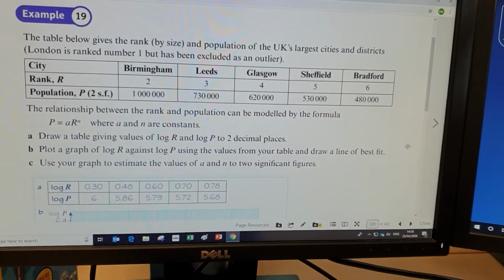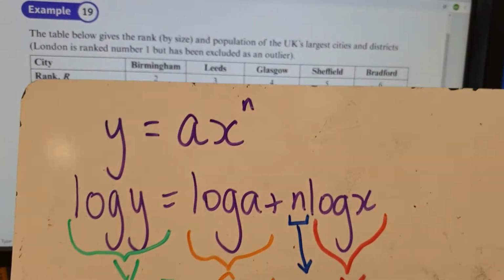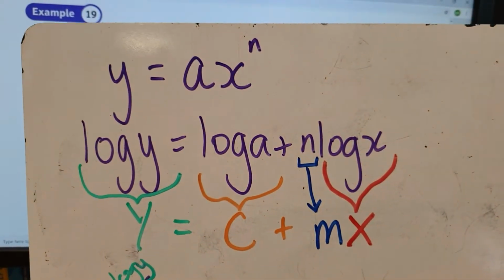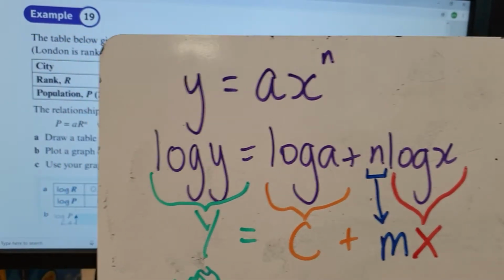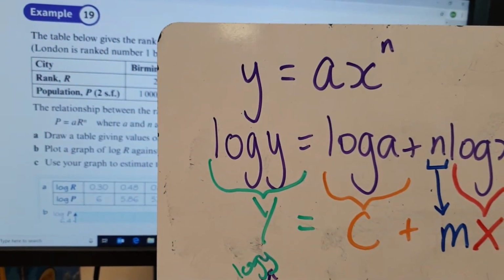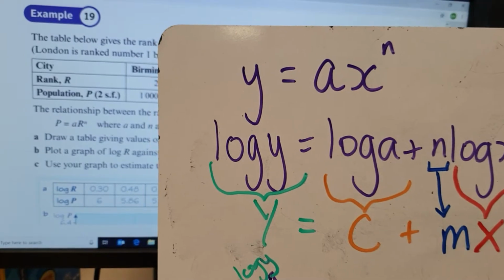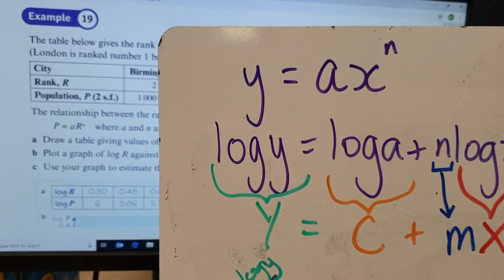So immediately you should be able to see that that is very similar to our Y equals AX to the N. P equals AR to the N, so P is the same as Y and R is the same as X.